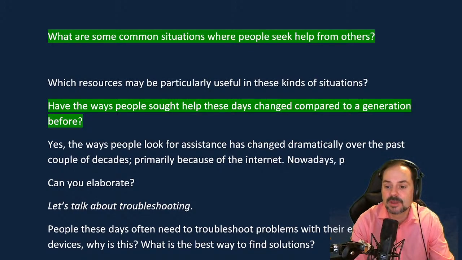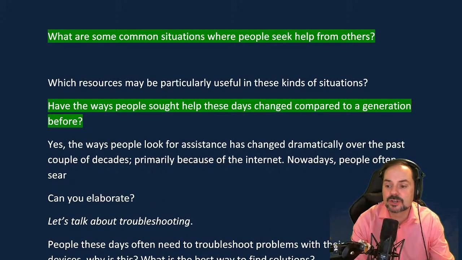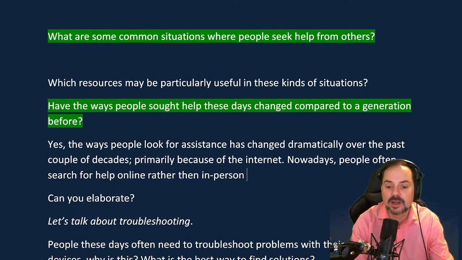Nowadays, people often search for help online rather than in person from friends or family.